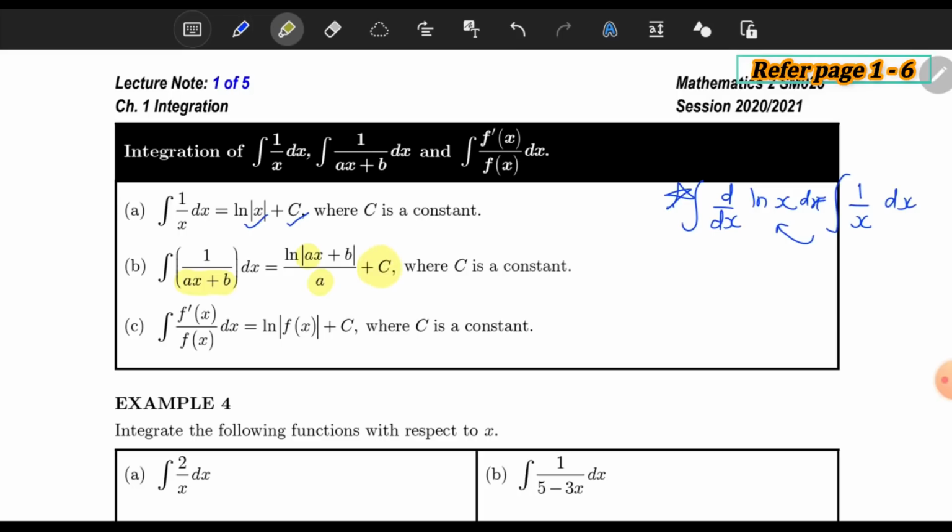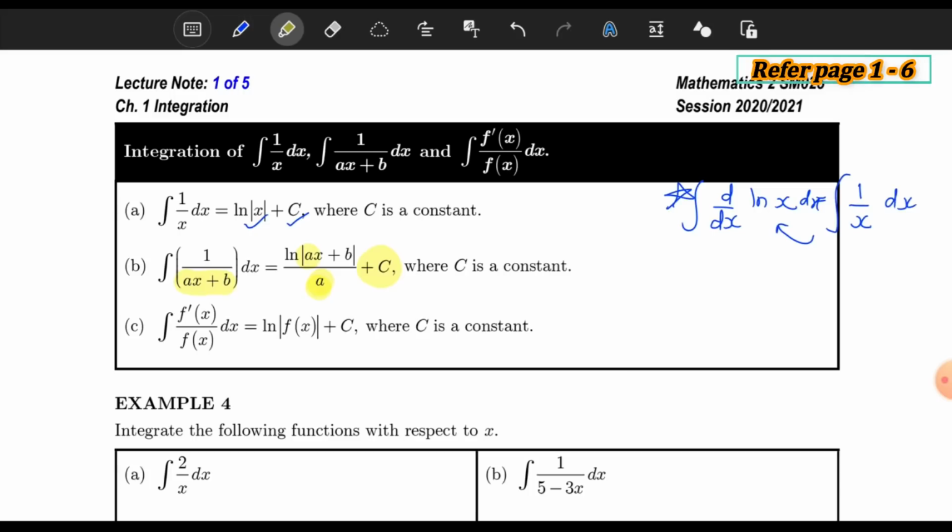Plus c is the integral constant. If you refresh your memory on differentiation, usually after we differentiate, we will multiply, isn't it? But for integration, it is reversed. It will become over, like that. So, over a. During differentiation, we multiply by a, right?